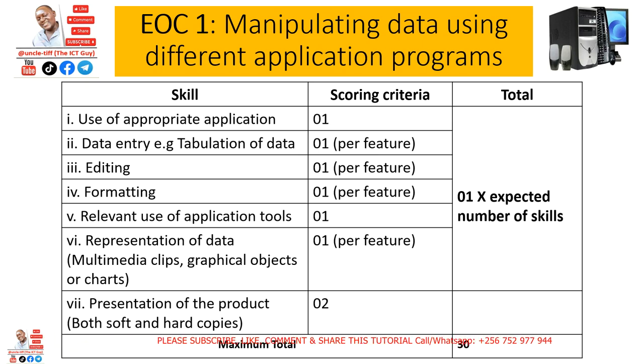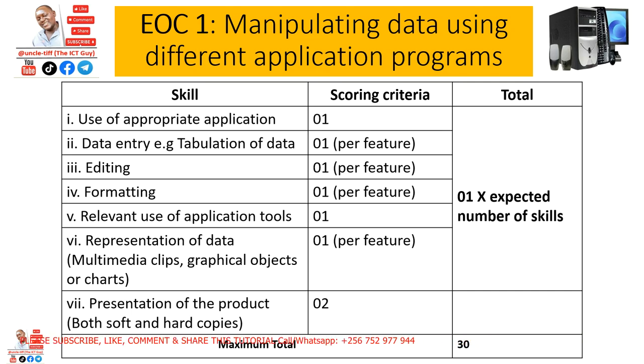For such an item, a learner is supposed to manipulate data using different application programs. That means that in an item like this one, a learner is expected to work upon this item using more than one application program.